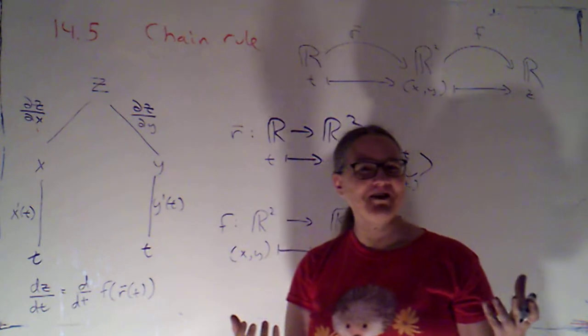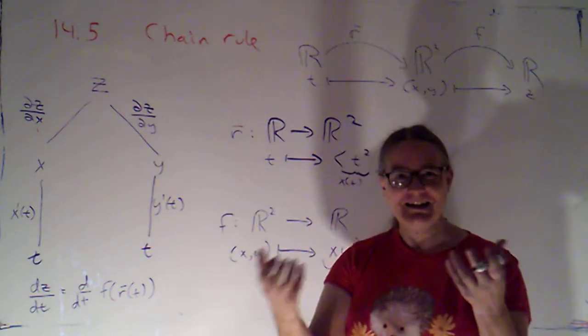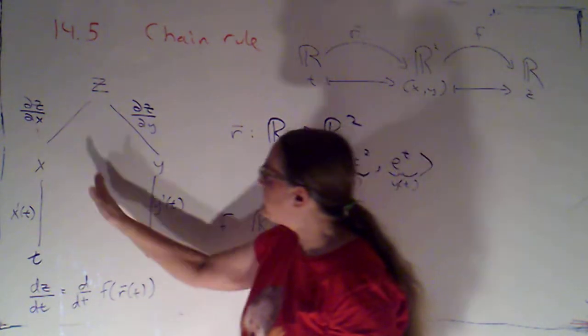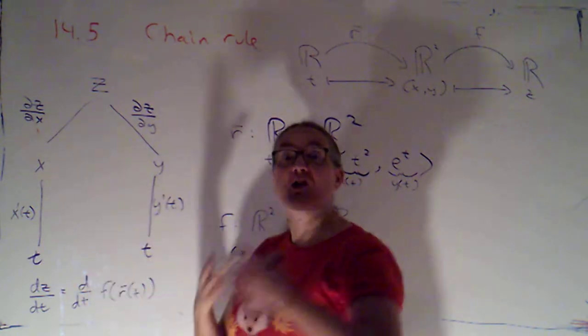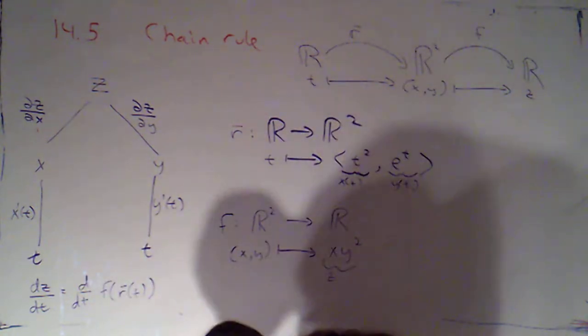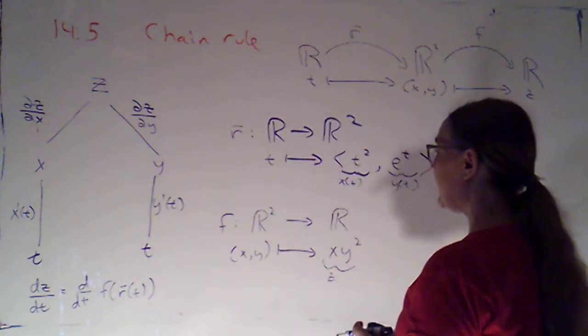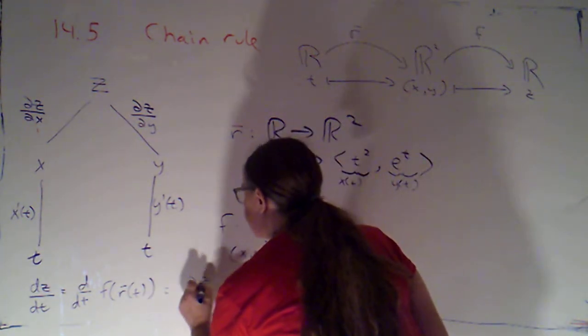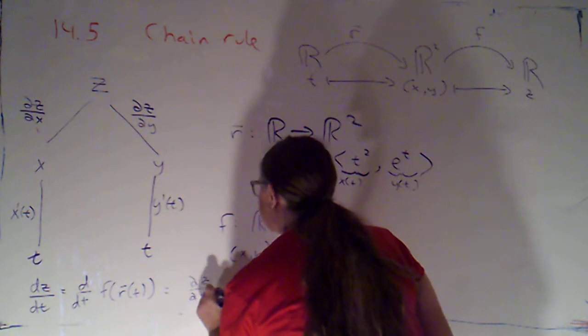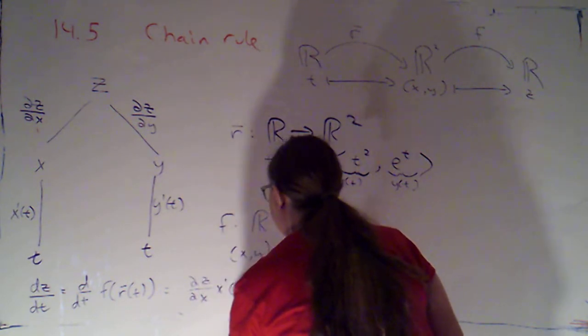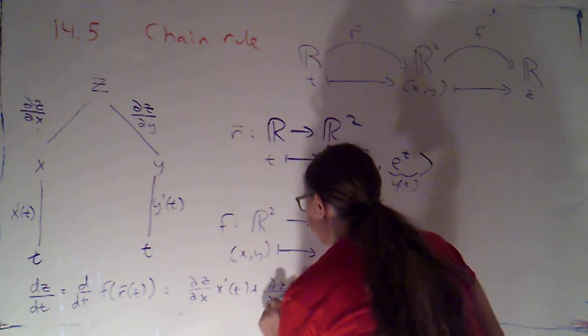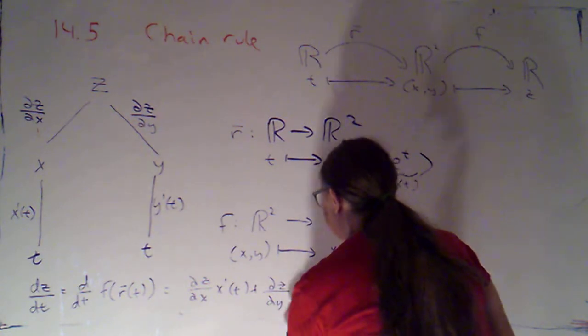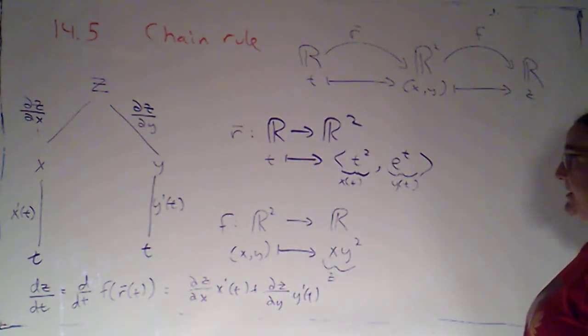If we think about chain rule, we're used to multiplying derivatives together. But then I'm going to add them together because there are two ways in which t can influence my function f. So we're going to get the partial of z with respect to x times x prime of t plus the partial of z with respect to y times y prime of t.